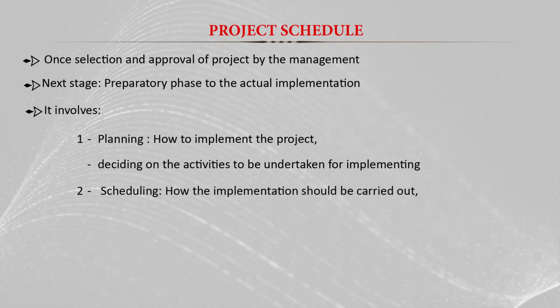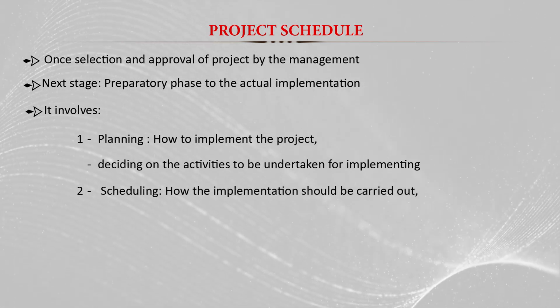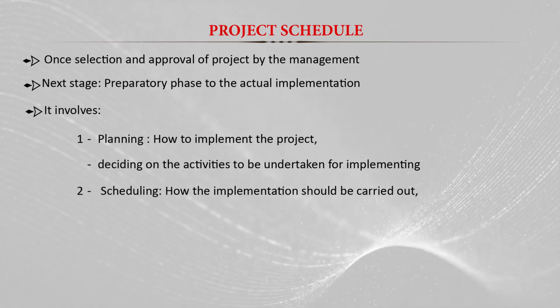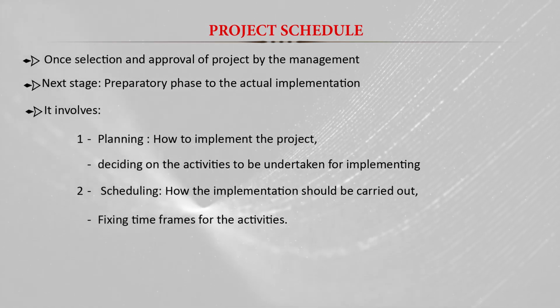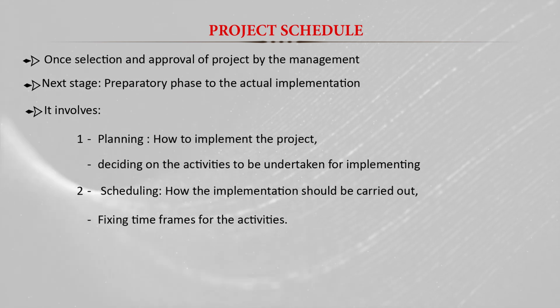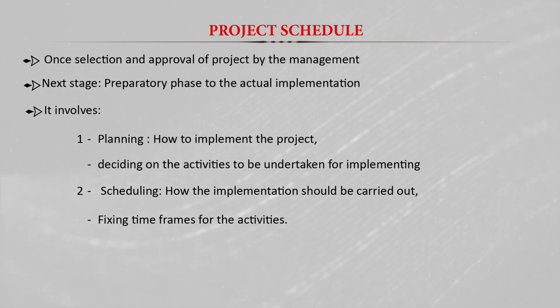Then we have to do scheduling, so how the implementation should be carried out. Here we fix the time frame for the different activities. So these are the two stages we have to prepare before the implementation stage.